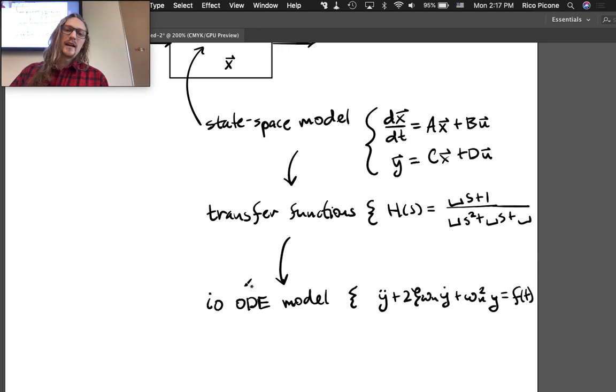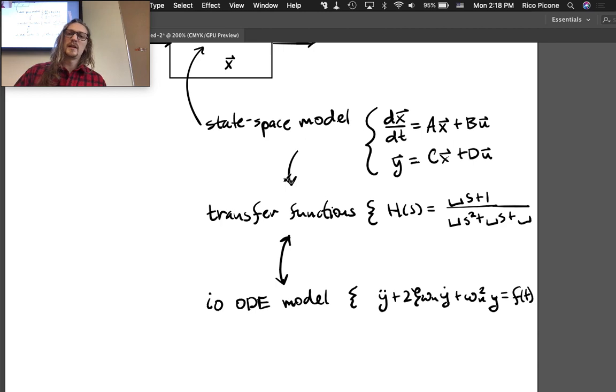If you transform that into an IOODE, then you have an nth order scalar differential equation instead of a set. So the state space model is a vector differential equation, or you could think of it as being a set of n first-order scalar differential equations. It's equivalent. So you can go back and forth pretty much by inspection here.